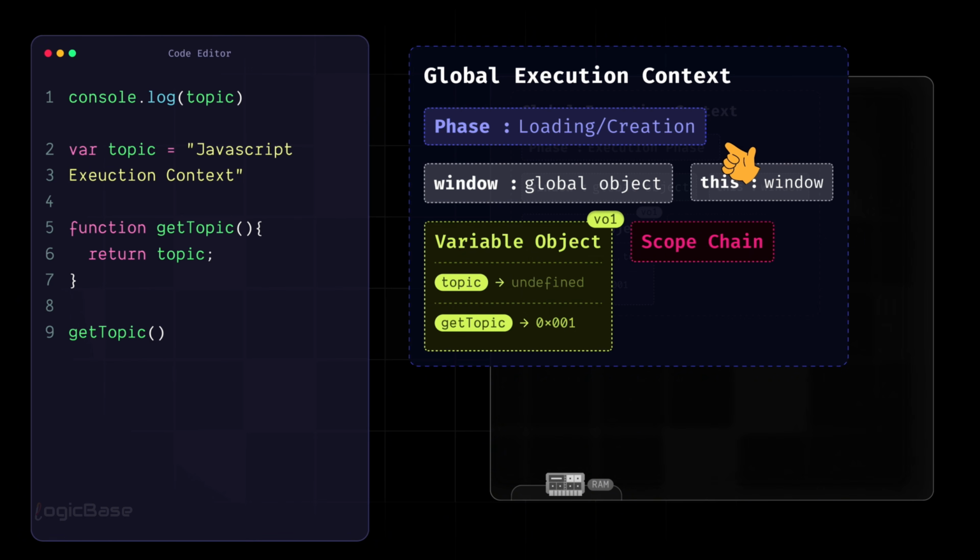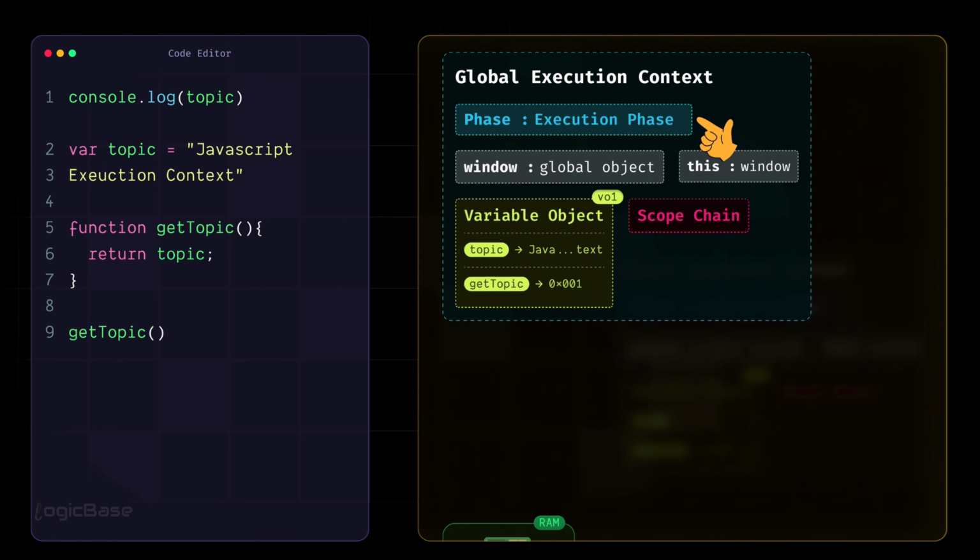Then, when the program enters the execution phase and reaches the line var topic = "JavaScript execution context", if we place our console.log after that line, we will see the correct value, right? That's because during execution, when JavaScript encounters this line, it updates the value of the topic variable in the execution context from undefined to "JavaScript execution context". Since the value is now updated, any console.log that runs after this point will display the correct value.